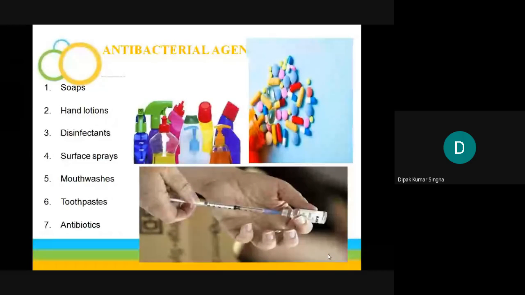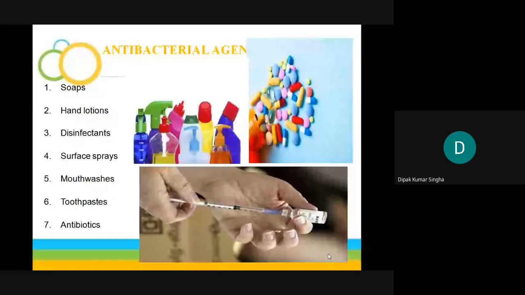Here is some soap. Generally we know the soap is used as an antibacterial agent. In case of corona, when it started, the news channels all the time showed that every 30-minute interval you should wash your hands with soap or some hand soaps.